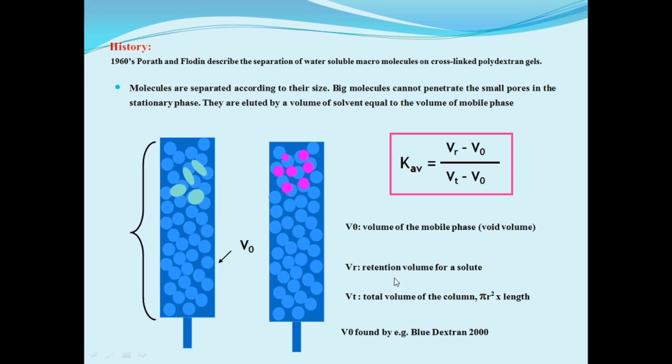VR is the retention volume for a solute. VT is the total volume of the column, that is pi r square into length, and VO is found by, for example, blue dextran 2000.